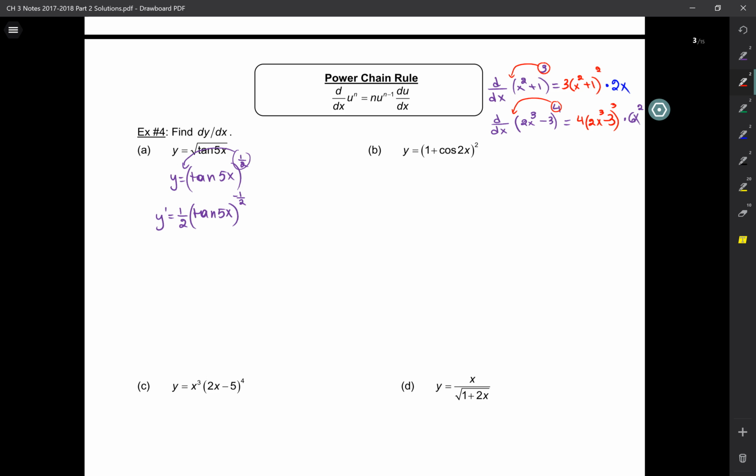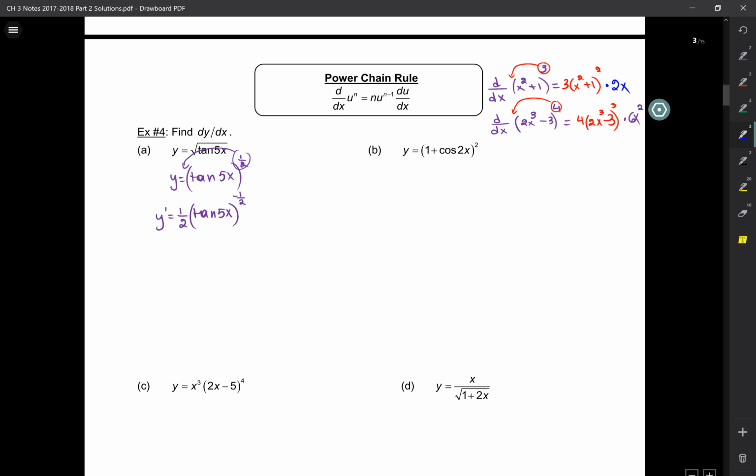Was that your question, Zach? What was your question? Why is it times 6x squared? Because once you take care of the power, you then have to take a derivative of the inside. So here, we took care of the power. Now we have to take a derivative of the inside.